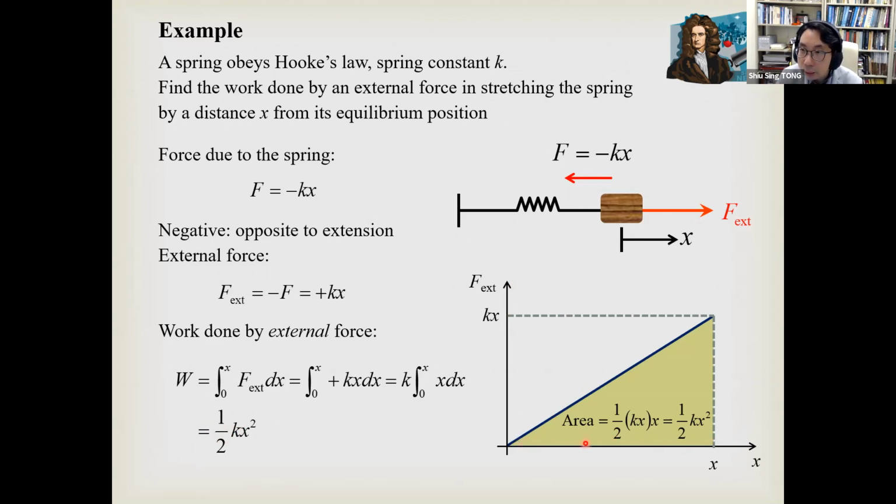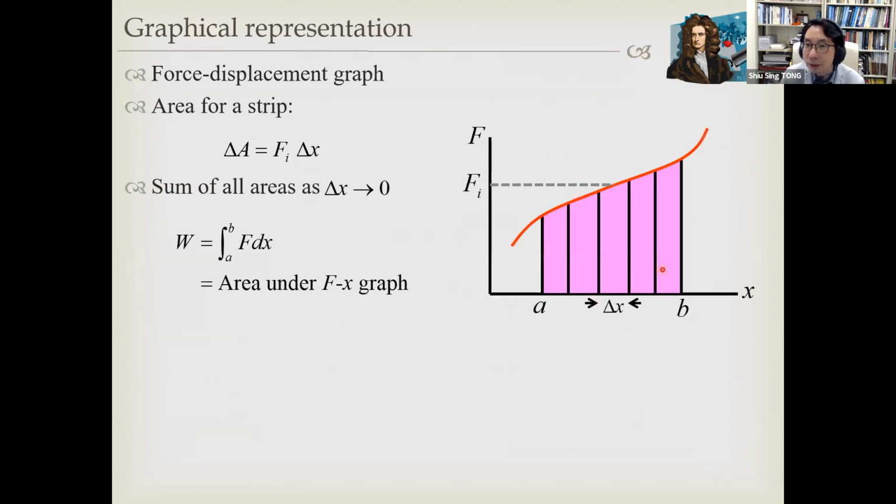Now you can see from this diagram why the work done is half kx squared. The horizontal axis is x, right? The vertical axis is external force. And the external force just balances the force of the spring, so it's given by kx. So that becomes a straight line, right? Because kx is just a straight line with slope k. And this integral simply gives me the area bounded below by the curve. The work done is the area bounded below by the F-x curve, right?